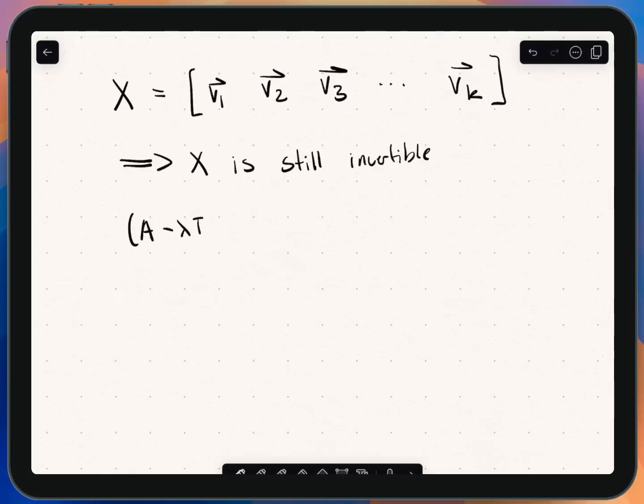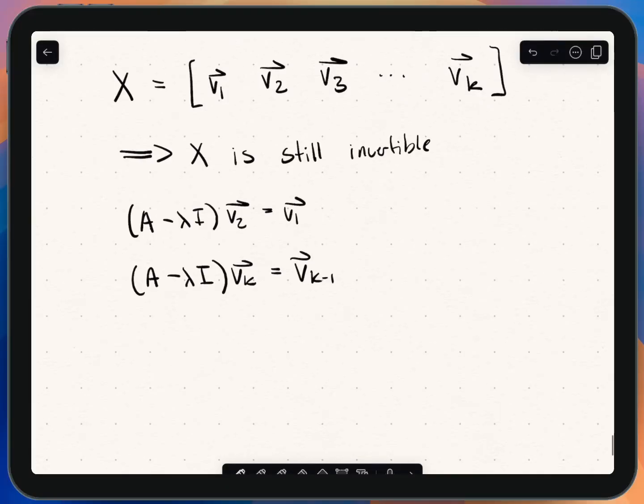So previously we saw that (A minus lambda I) V2 is equal to V1. But if I'm generalizing this to our kth generalized eigenvector, we're just going to say it's going to be the vector that came before it, right? So if I have A minus lambda I applied to my V1, which is the eigenvector, I know this is going to be 0, and then I can take this to any power that I want, and it's going to be 0.